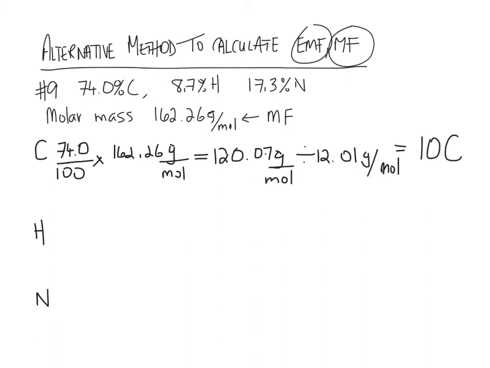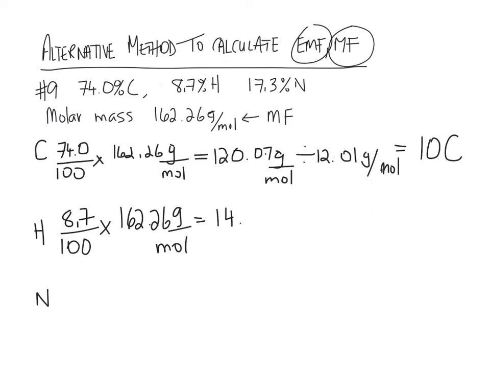Now we're going to do it for hydrogen and then for nitrogen. So 8.7% is hydrogen. So 0.087 times 162.26 grams per mole equals 14.116 grams per mole.